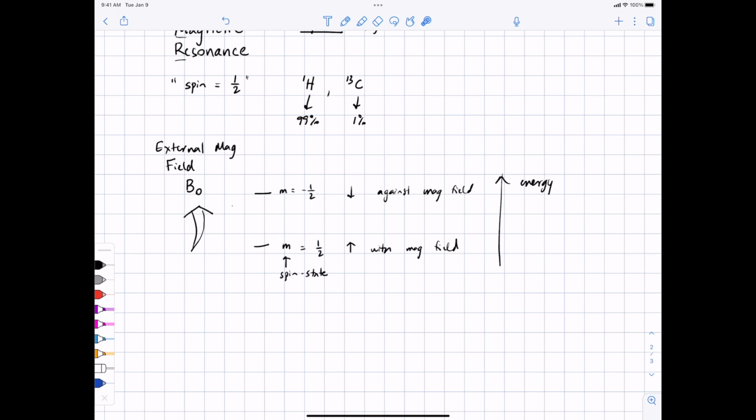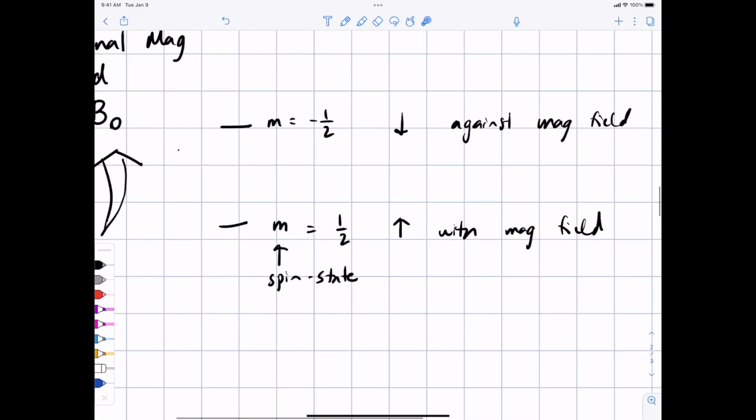And anytime there's a quantized difference in energy, that's where we can do some spectroscopy to analyze that energy difference. Now, this energy difference, if you do the math, ends up being on the order of 0.1 kilocalories per mole.